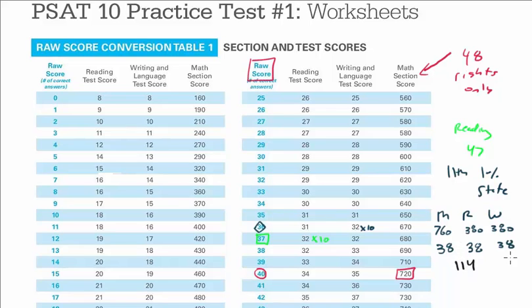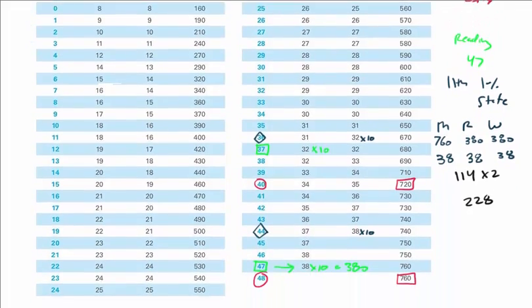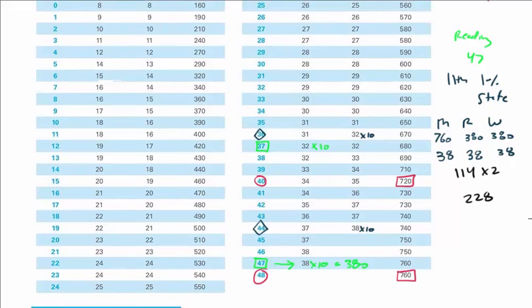And if you notice, one of the big differences for calculating this score is on the whole test, math was 50%, reading and writing were 25. But with this scale, they're all equal, they're all 1/3. So whatever that number is when you add all three of them out of 38, out of 114, you then multiply that number by 2, and then you arrive at 228. This is the maximum student selection index for National Merit.